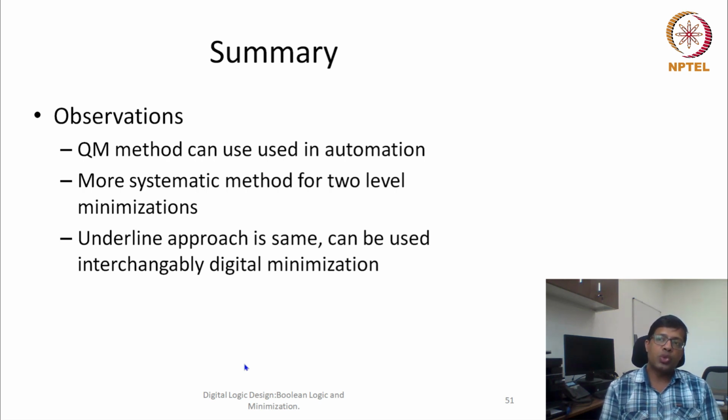Similar methods are used here. This understanding of how two min terms or two variables get combined, or how one particular variable gets optimized out of two product terms, can be used interchangeably.